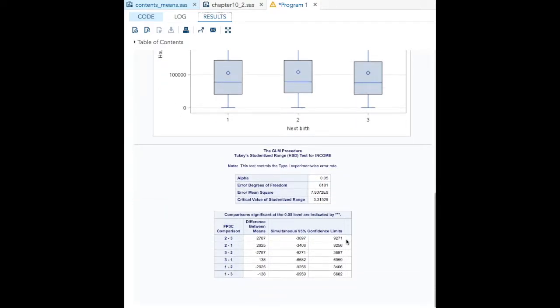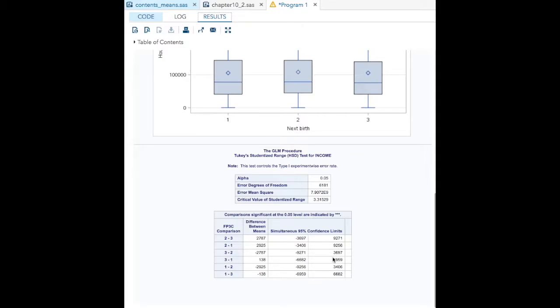And remember we looked at the post hoc test before? Well, here, the difference between means for group 2, the people who said more than 2 years, and the people who said let God decide, was 2,787 rupees. Between group 2 and group 1, the people who said less than 2 years, is about 2,900 rupees, which again is not that much money.